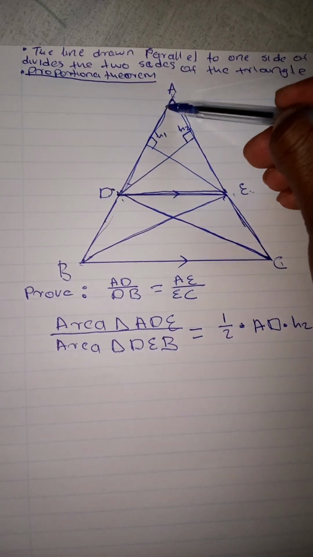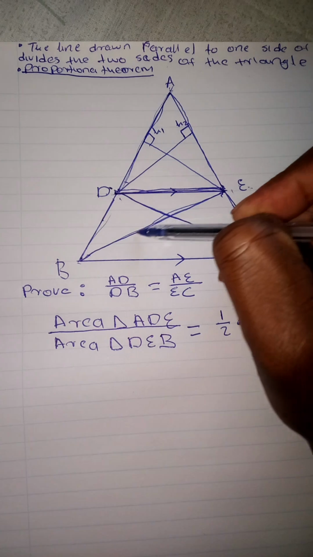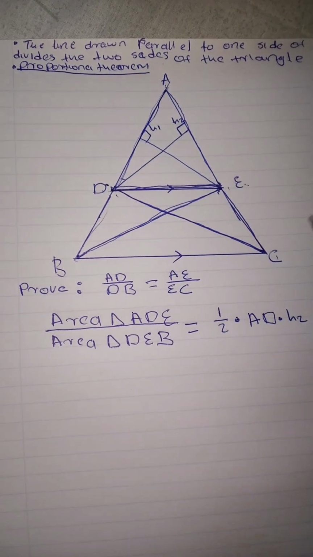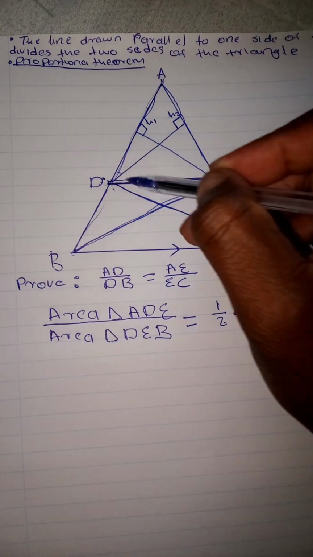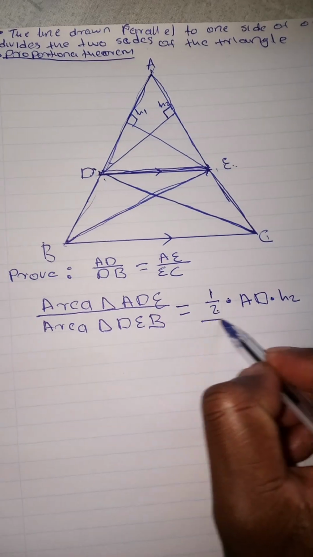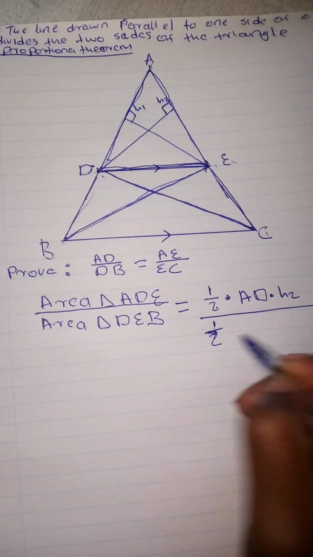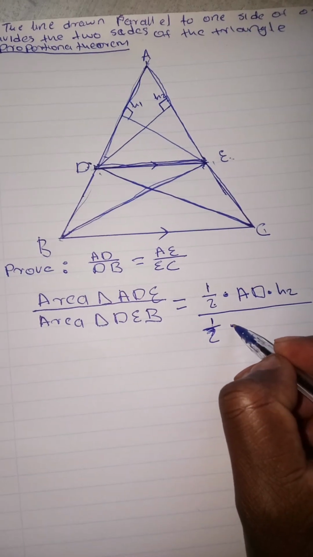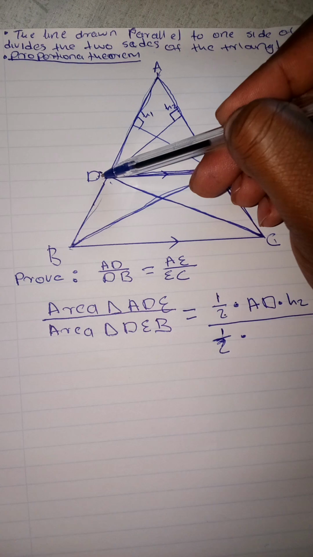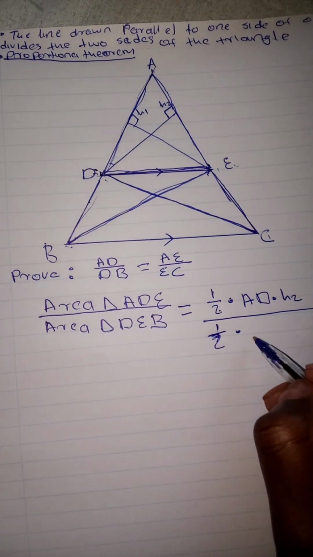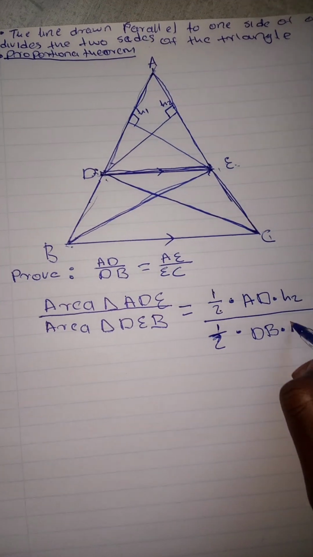The area of this triangle over the area of this triangle is equal to half of AD times the opposite height, and then for this one, half times DB and H1.